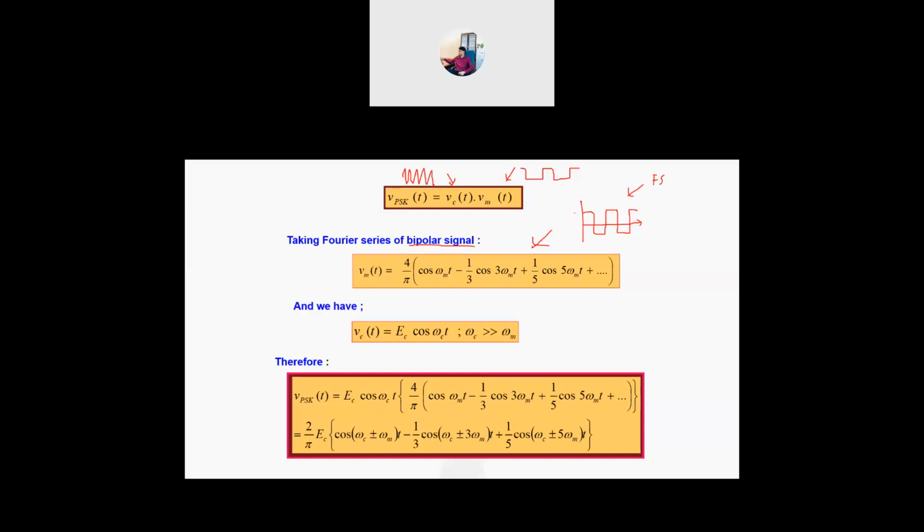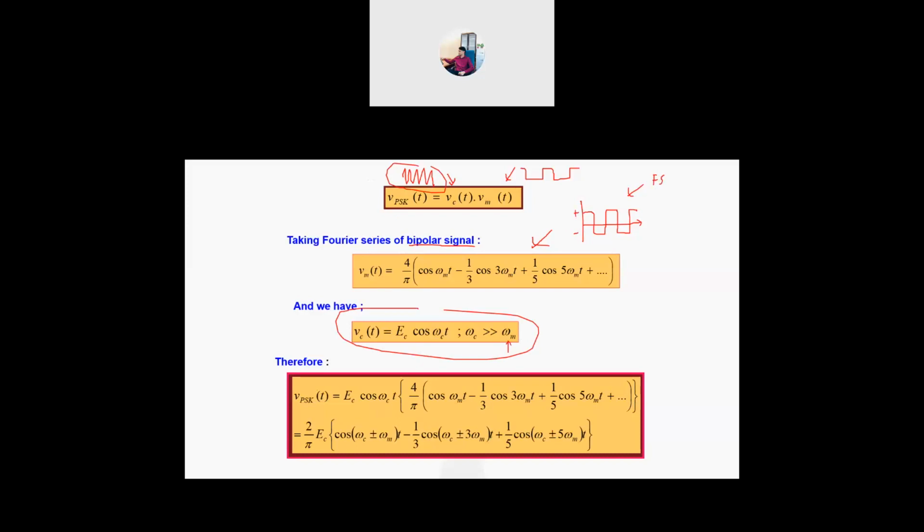Bipolar means we're going to have positive and negative values. Okay, and we have VCT equals EC cos omega CT. This one is our carrier just now, which, of course, we know has a frequency much higher than omega m.